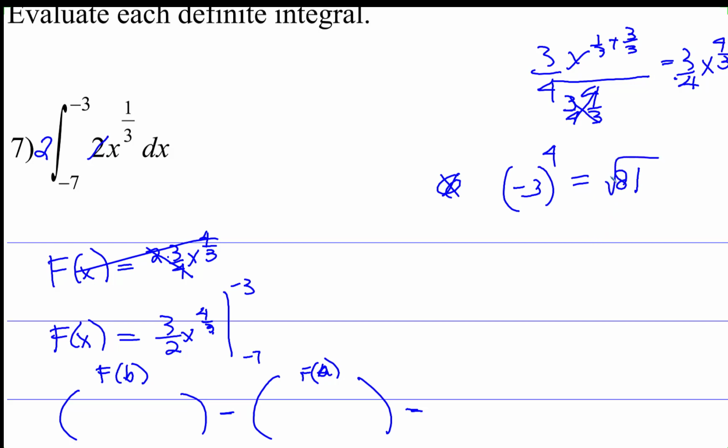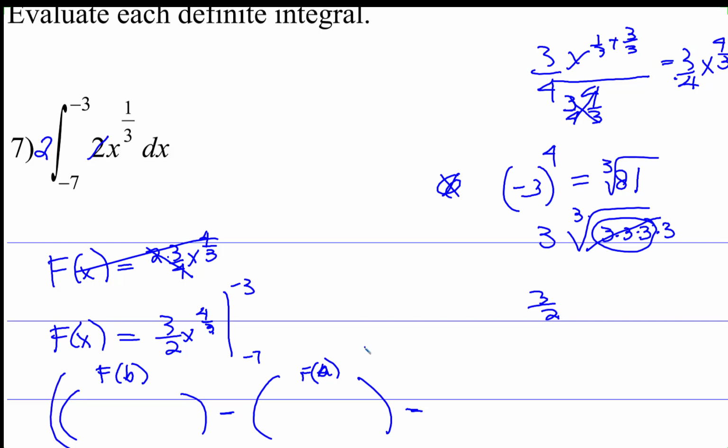Well, let's see what we have for the cube root of 81. Well, 81 is 3 times 3 times 3 times 3. The cube root of something cubed, a 3 comes out. And now what you have is 3 cube root of 3. And so we have 3 halves here.